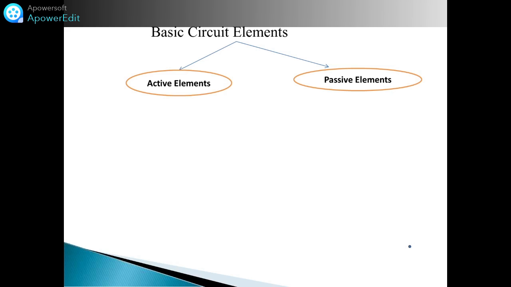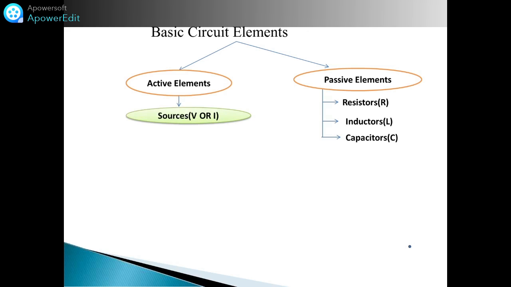Basically, there are three passive elements we need to learn. First one is the resistor, denoted with capital R. Second one is the inductor, denoted with L. Third one is the capacitor, denoted by C. In active elements, there are voltage sources and current sources, with two further classifications.